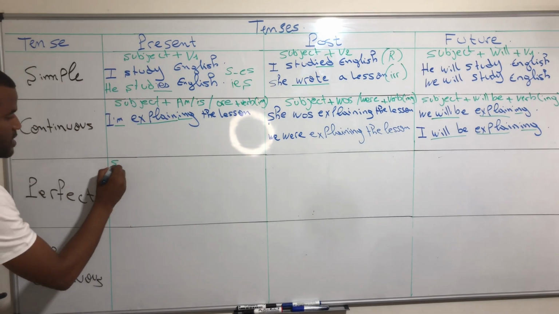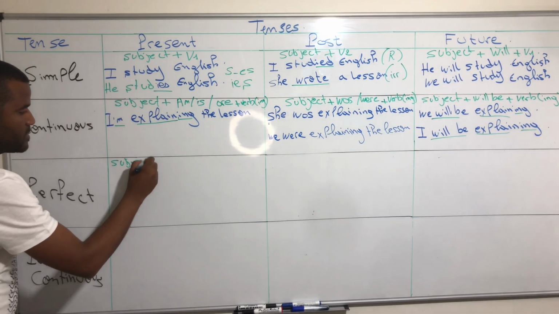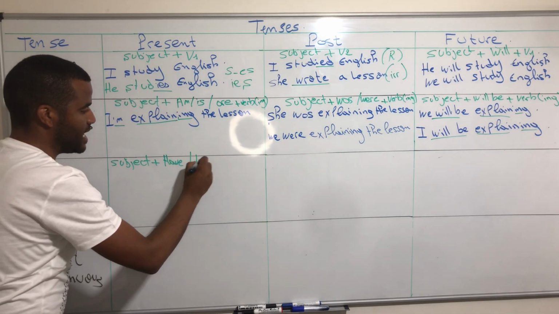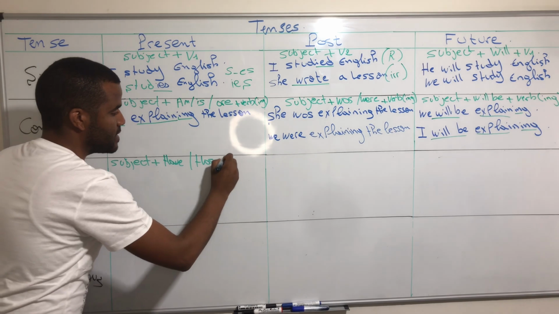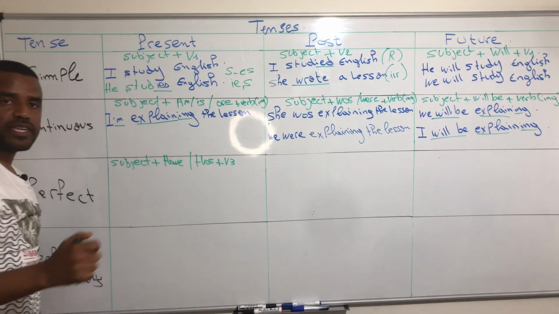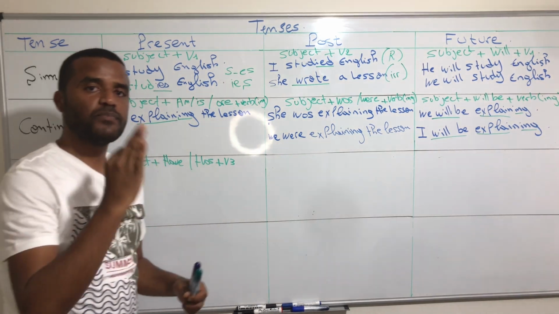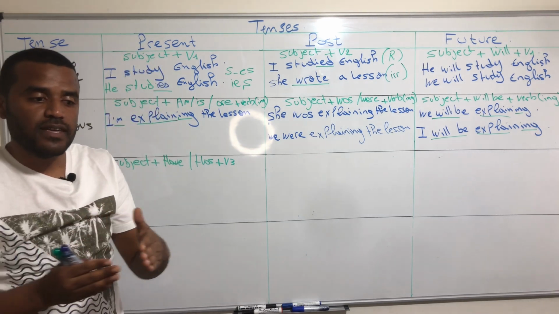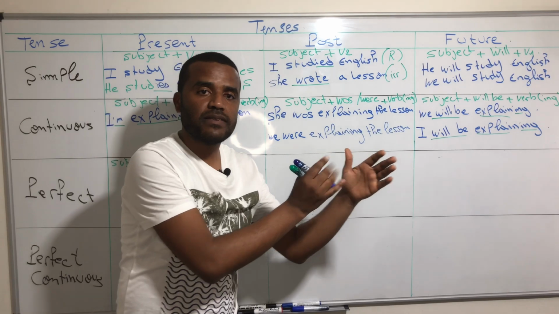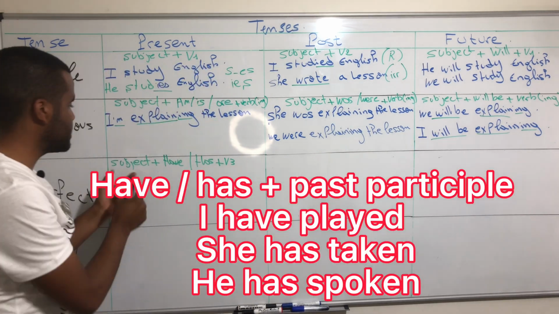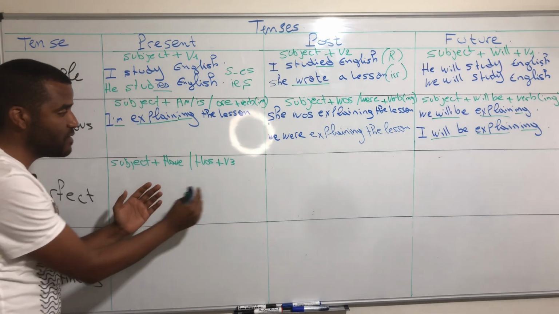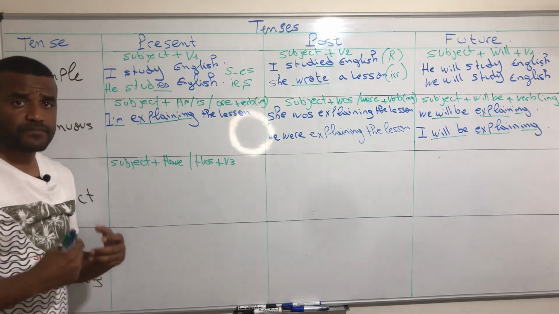You need the subject plus have or has plus the V3. V3 means the past participle of the verb. Okay, we have infinitive, simple past, and the past participle. So you need the subject, have or has, it depends on the subject, plus the V3.